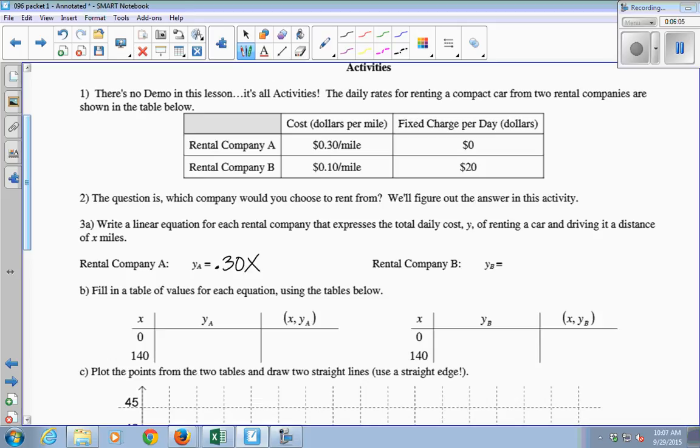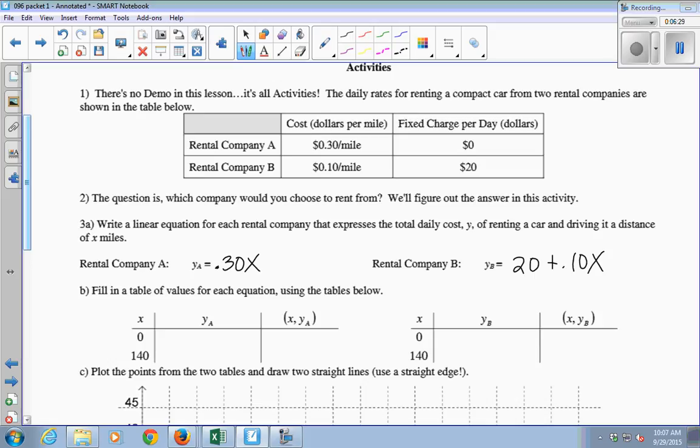Because you don't know how far you're going to drive, we're going to call that X. All right, and then rental company B, how would I write the cost to rent a car from company B? Yes, $20 plus 10 cents for every mile, so 20 plus 0.10x.